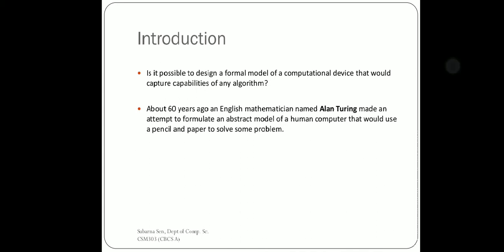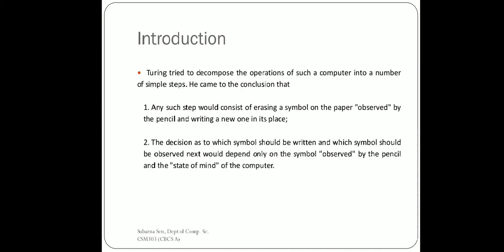So the Turing machine tried to decompose the operations of a computer into a number of simple steps. Any such step would consist of erasing a symbol on the paper observed by the pencil and writing a new one in its place. What is the meaning of it?